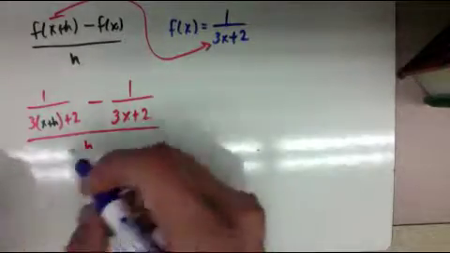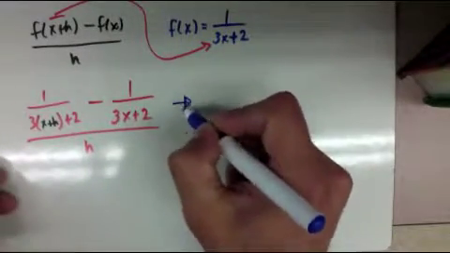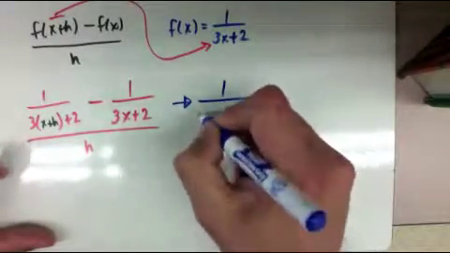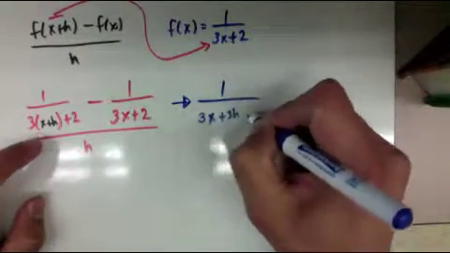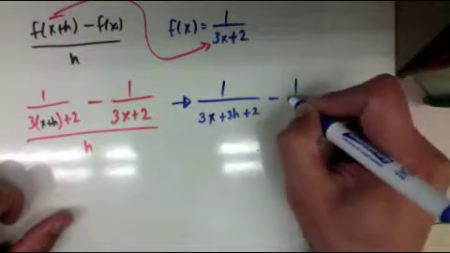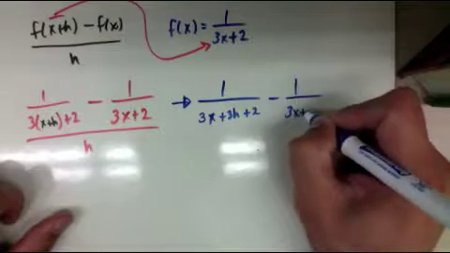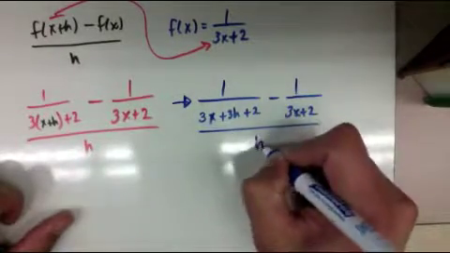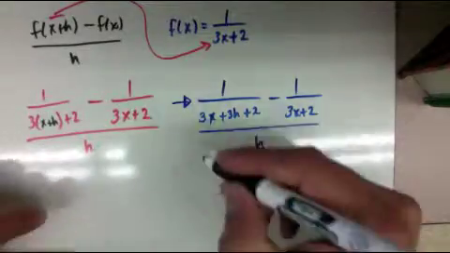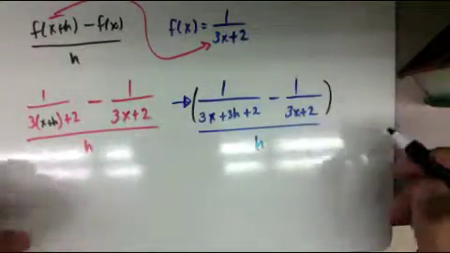So now this is going to be a big old mess, but it's okay. Let's distribute the bottom. Plus 3h plus 2. Over here you're going to get minus 1 over 3x plus 2 all over h. Now you notice this is a complex fraction. I'm going to get rid of this big boy.